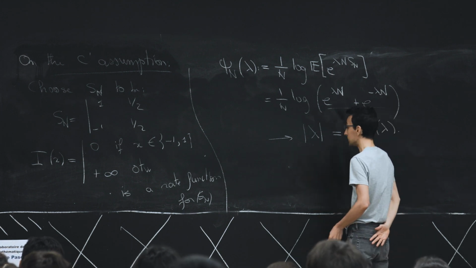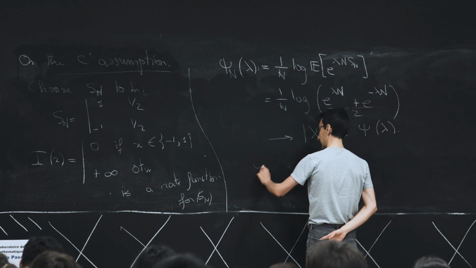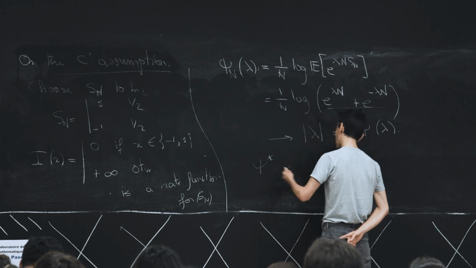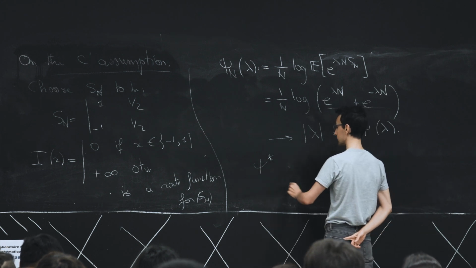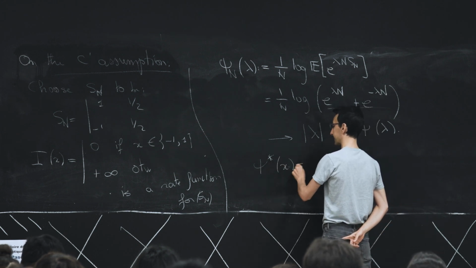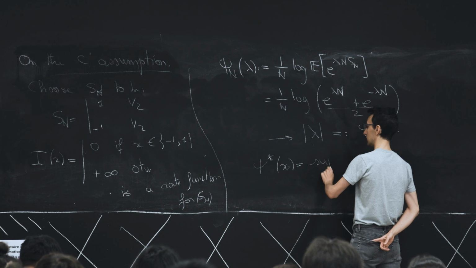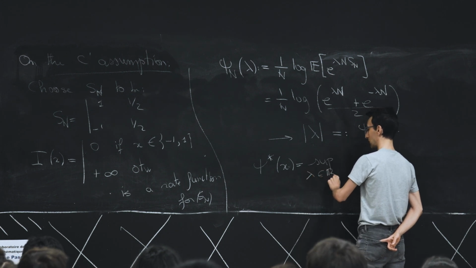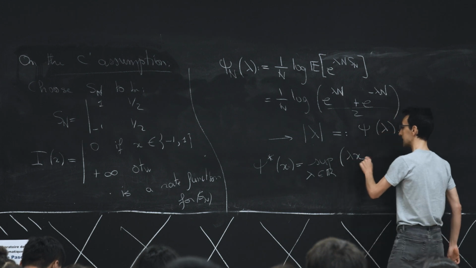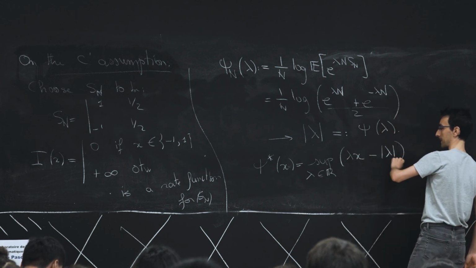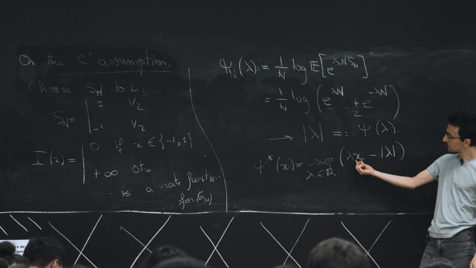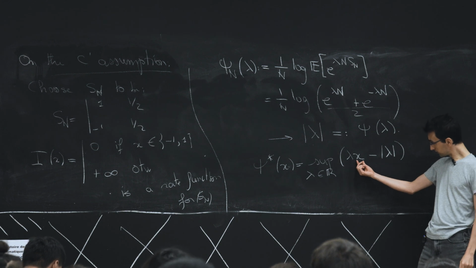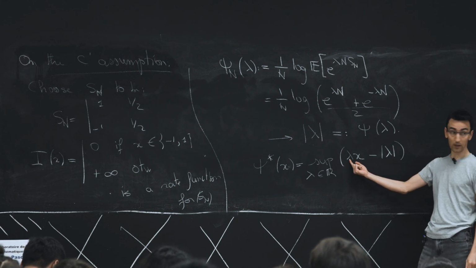And if we calculate the convex conjugate of this function psi, we are going to get the sup over lambda in R of lambda x minus the absolute value of lambda. So if x is between minus 1 and 1, you'd better choose lambda to be 0.